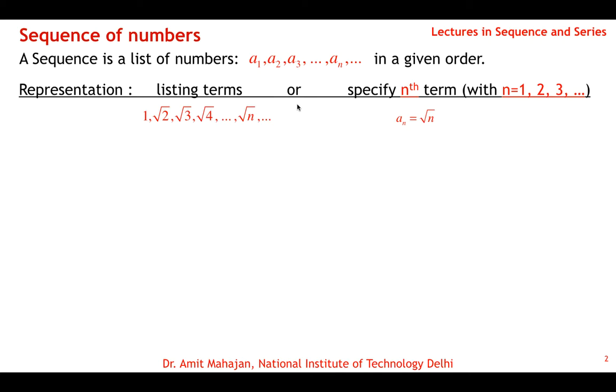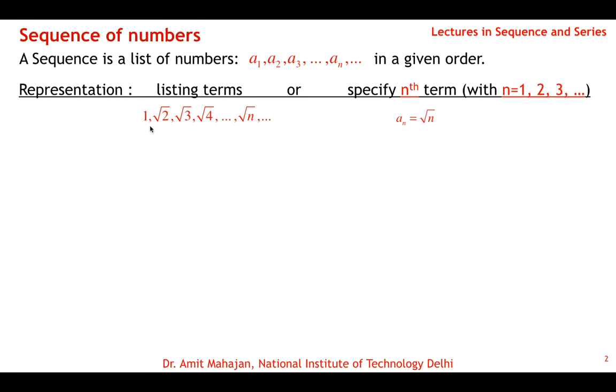There are different representations by which we can write sequences. Two of them are written here. One is by listing the elements of the sequence, or simply by specifying the nth term, where n can vary over the positive integers 1, 2, 3, and so on.